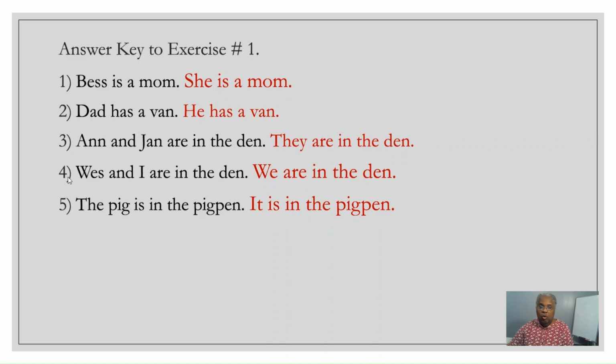In sentence number 4, we use the subject pronoun we to replace the proper noun Wes and the subject pronoun I. Because the subject pronoun we shows that we are referring to more than one person, which includes yourself. In sentence number 5, we use the subject pronoun it to replace the noun word pig.